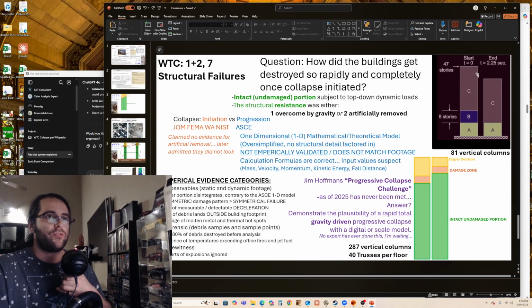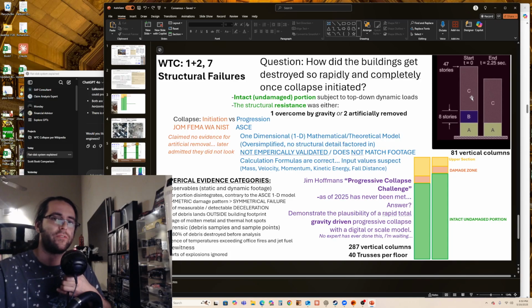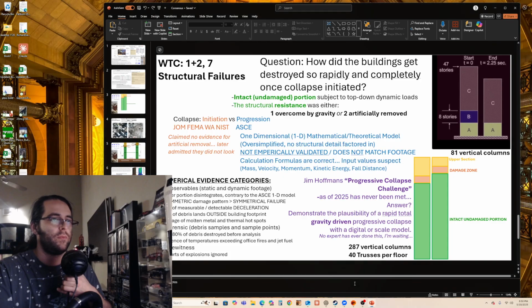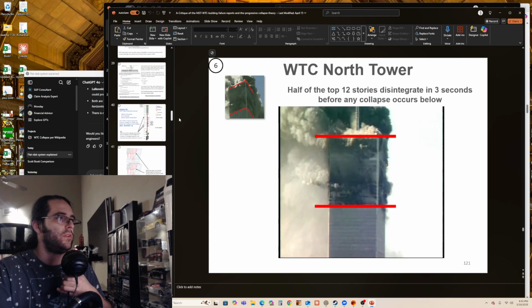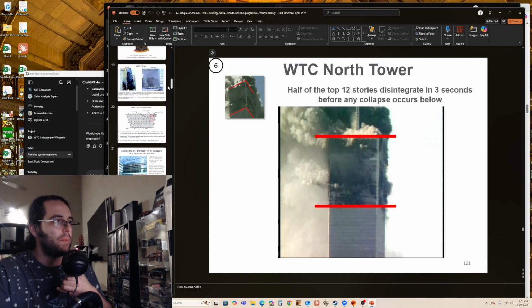And there was free fall acceleration through 8 stories in World Trade Center 7, not even close to free fall, actual free fall, which is impossible given that it had 81 vertical columns. Even if you blew out half of them, it wouldn't fall symmetrically, which everyone's seen the footage of World Trade Center 7's collapse by now, hopefully.